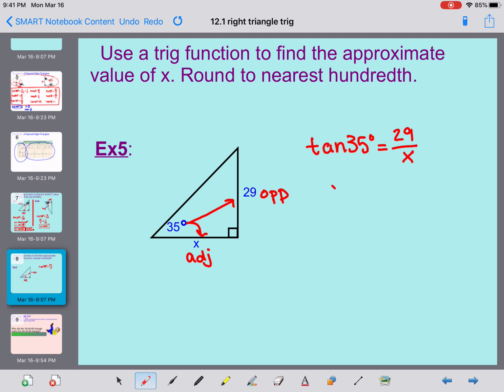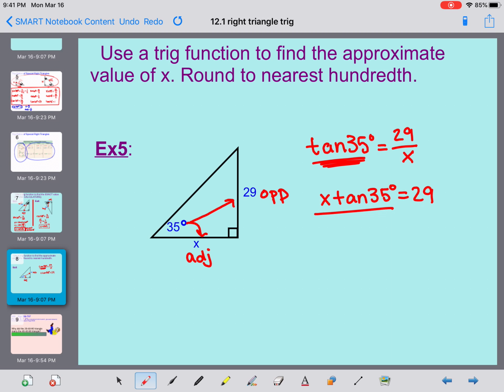Right, so I don't know the value of tangent of 35. I'm not going to grab my calculator yet, because I don't want to write a rounded decimal there and then multiply. We want to save all the rounding for the very end of the problem as always. So let me show you a little bit more work. I'm going to multiply both sides by x.